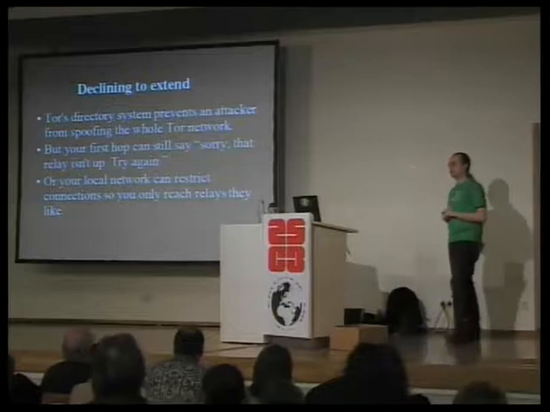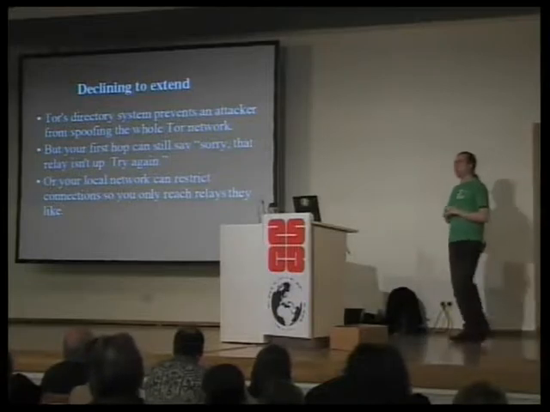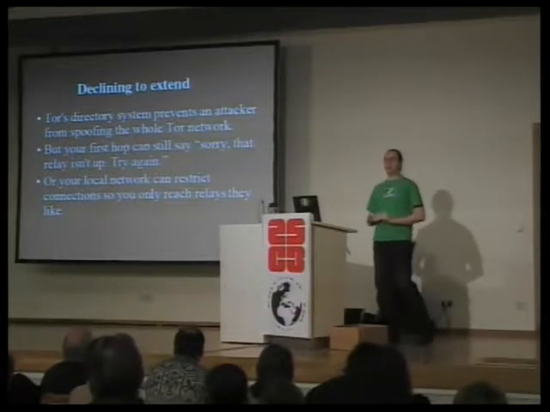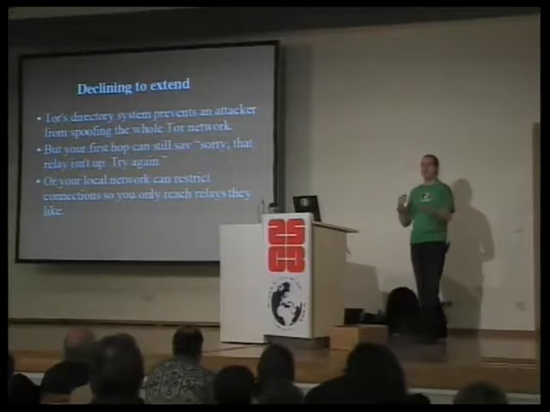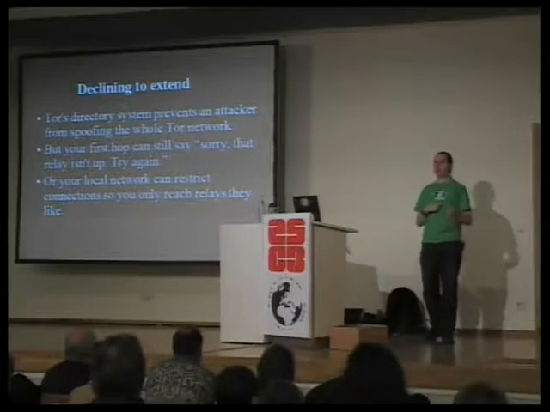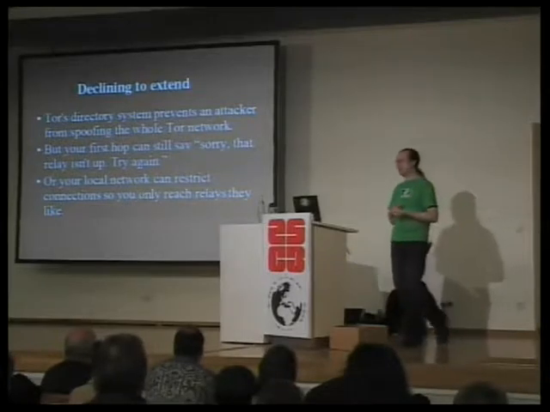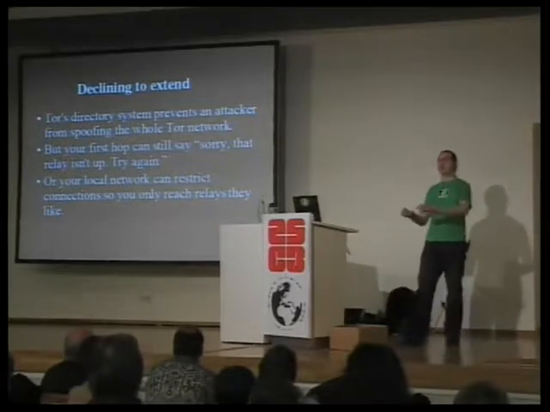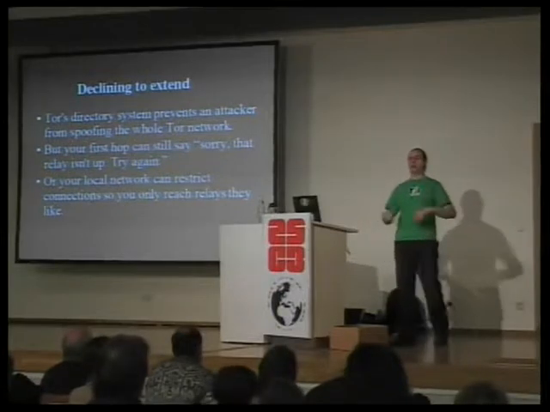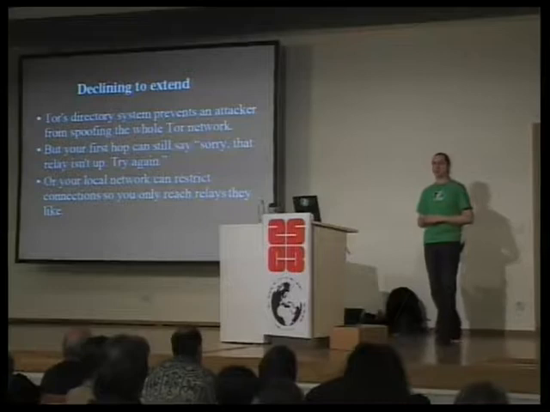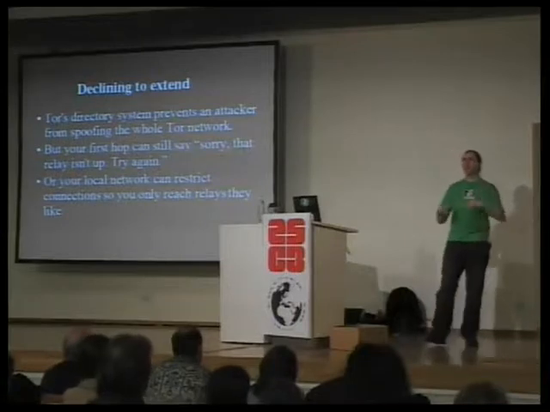And then another attack we need to worry about. Tor's directory system keeps you from spoofing the entire network. You can't lie about which relay you are because you're not going to have the private keys for the right relay. But let's say you connect to the first hop, and you say, please extend this to the second hop, and he says, oh, no, that guy's down, I can't reach him. And you say, okay, well, extend this to this hop then.